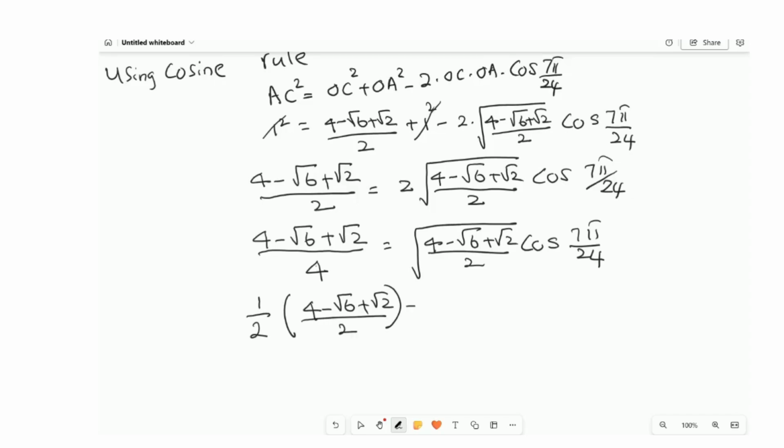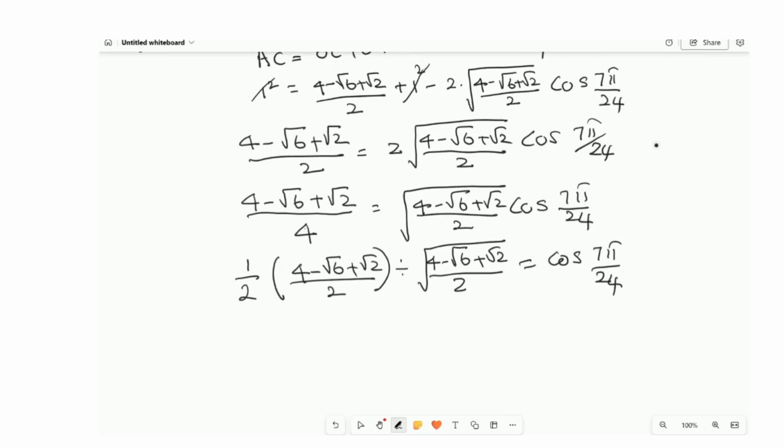You have to divide by square root of 4 minus square root of 6 plus square root of 2 divided by 2 to equal cos 7 pi divided by 24.